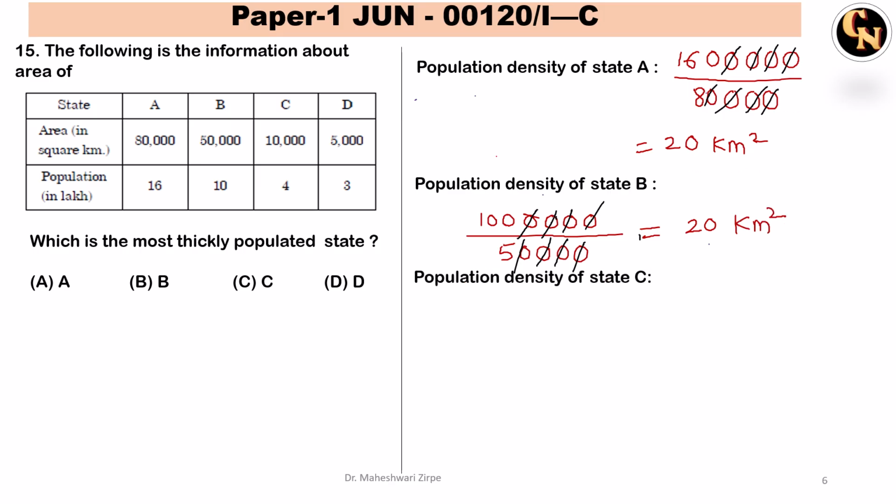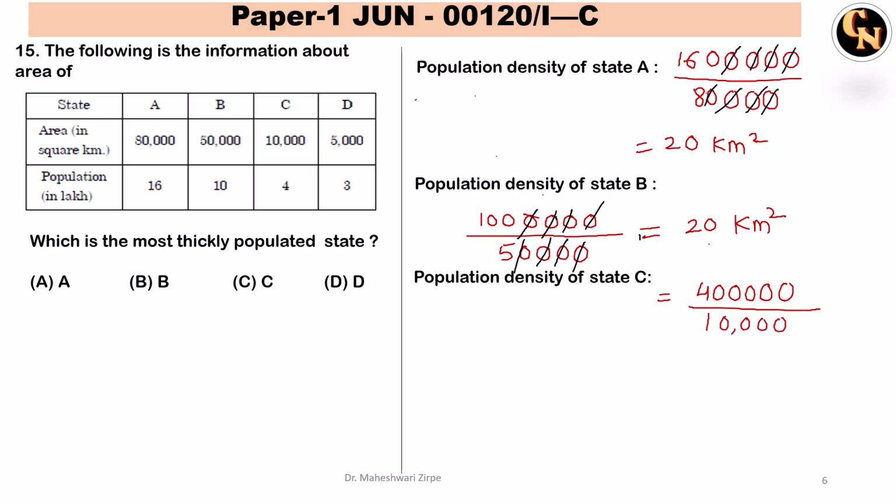Now next is population density for state C. They have given us 4 lakhs. So it comes out to be 4 lakhs, 4 and 5 zeros, divided by how much? 10,000. The area is 10,000.